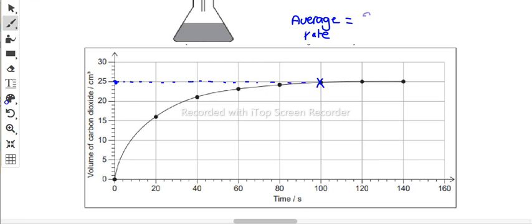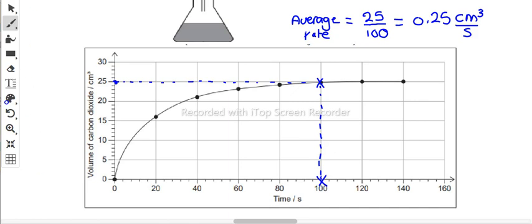So it will be 25 divided by the time at which the reaction is completed. You're going to find that the reaction reaches completion at 100 seconds. So your final answer here is 0.25, and the unit is cubic centimeter per second. So this is in case of calculating the average rate of reaction.